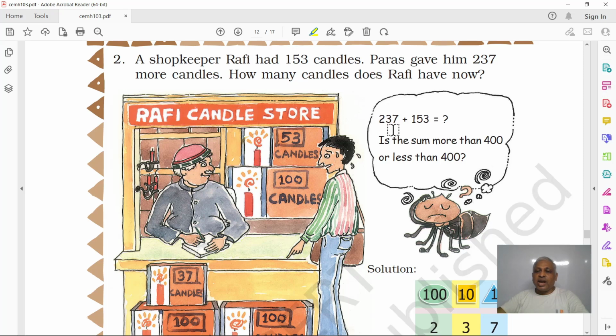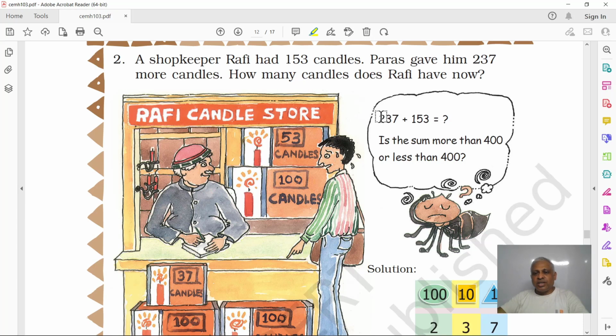We have to add these two numbers. 153 he had earlier, now you got 237 more. So 237 plus 153, and this ant is worried the number will be more than 400 or less than 400. Can you guess?